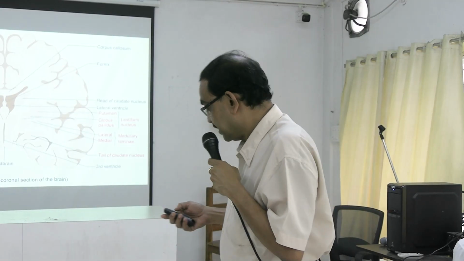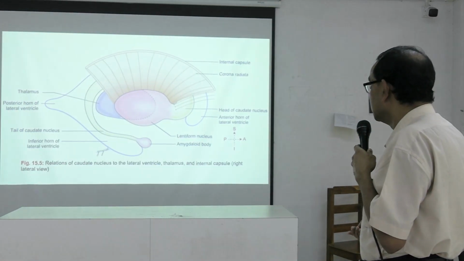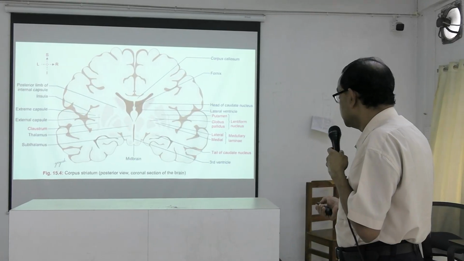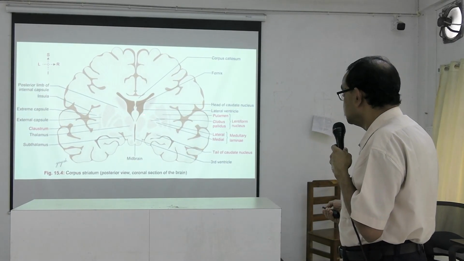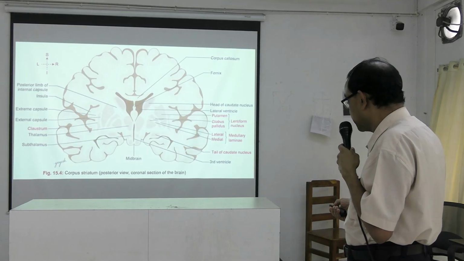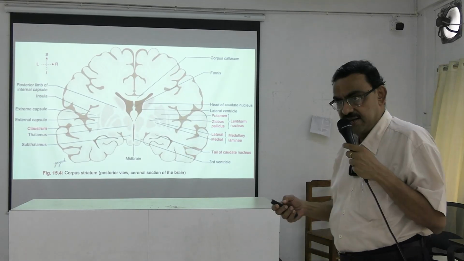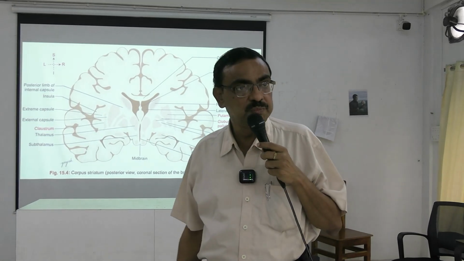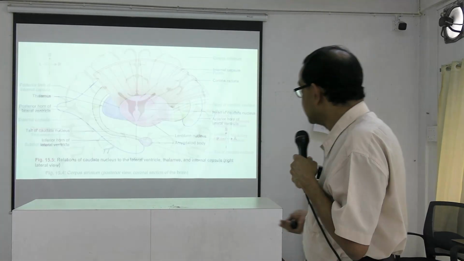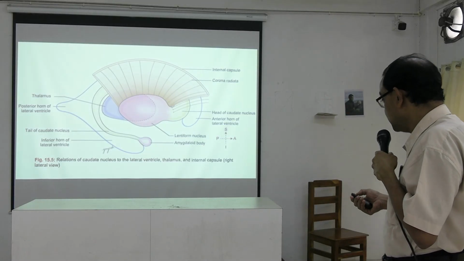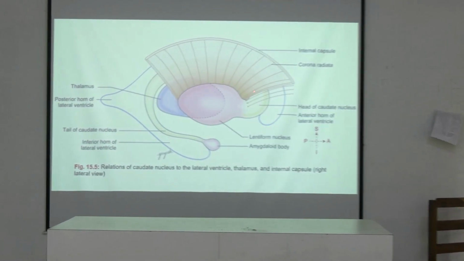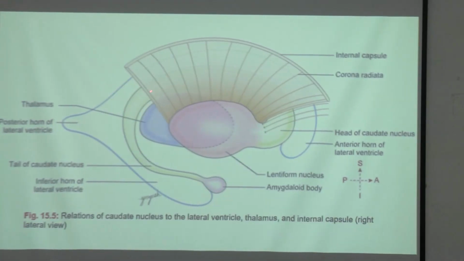Now, before that, I should describe a little bit of the basal ganglia, because this is the head of the caudate nucleus. If there is a head, there should be a body and tail. So this figure will show you the head of the caudate nucleus, which has a body.